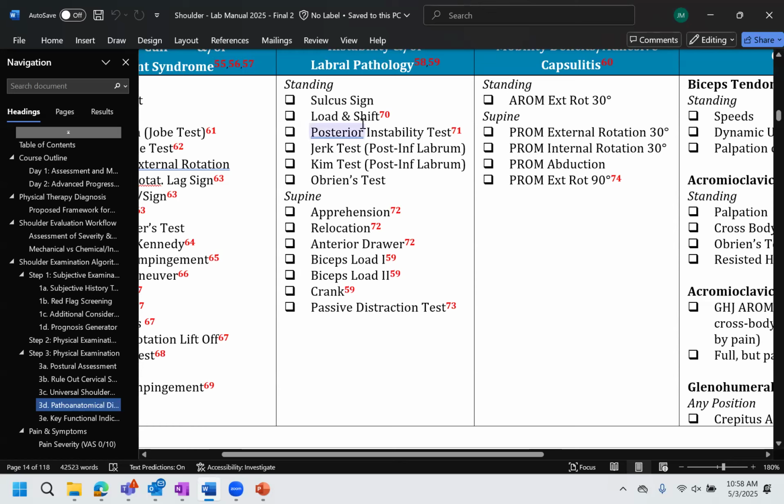We're going to start with a sulcus, load and shift. This has been described not only in standing, but you can also do it in supine, where they may be a little bit more relaxed. And then we go through a posterior instability test as well. All right, any shoulder stuff that we need to know?